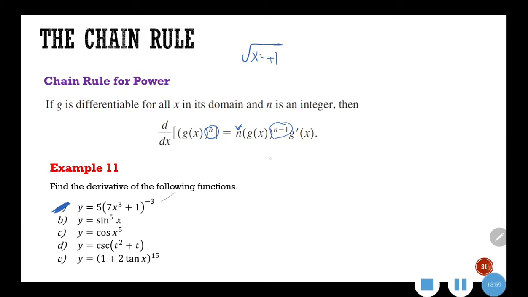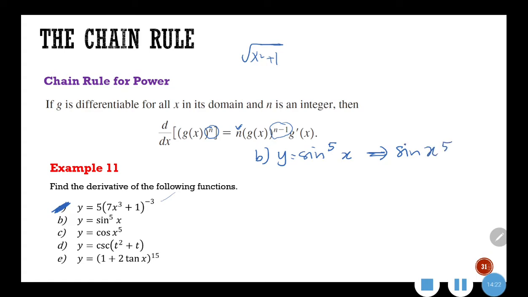And then for B, okay, for B saya solve. B ni kenapa saya nak solve, sebab saya tak nak you all confused later. Sin power of 5x. Okay, sin of power of 5x, is it the same as sin x power of 5?